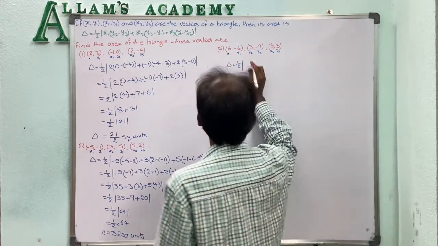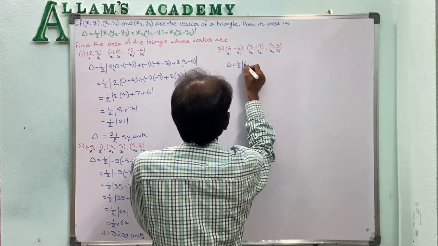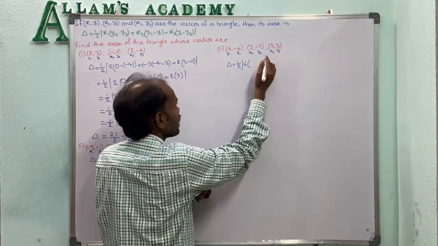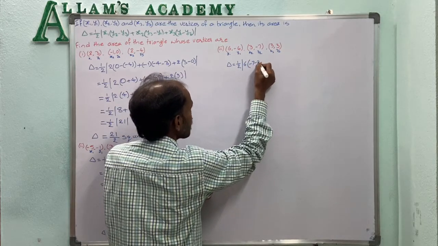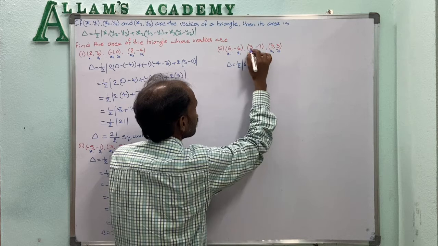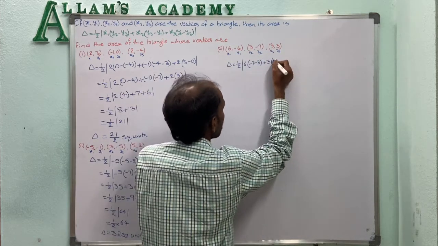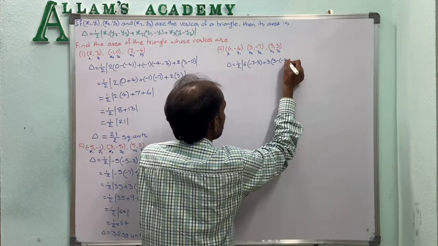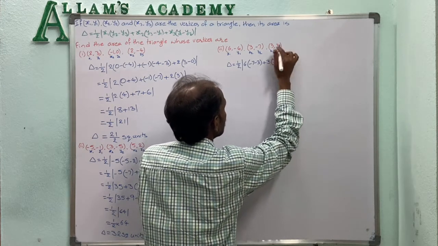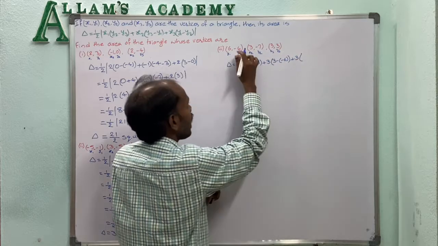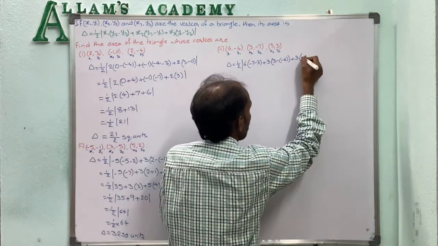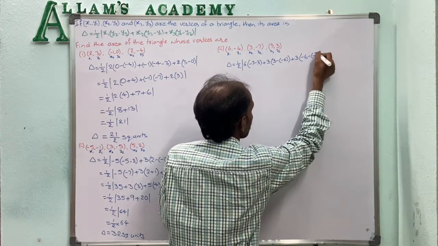So that is half mod x1, 6, into (y2 minus y3), minus 7 minus 3, plus x2 into (y3 minus y1), 3 minus of minus 6, plus x3, 3, into (y1 minus y2), minus 6 minus of minus 7.